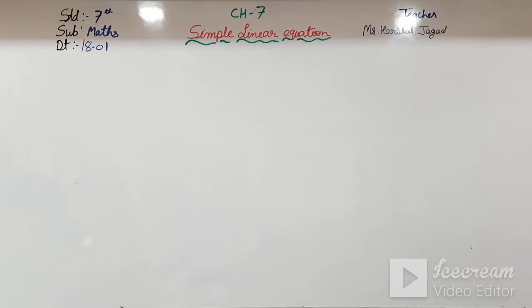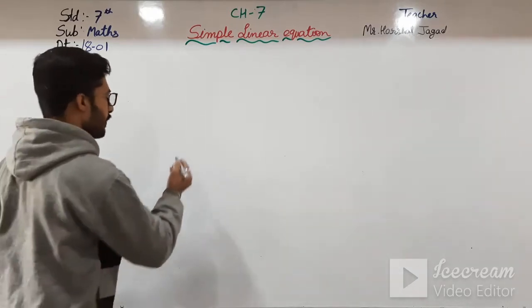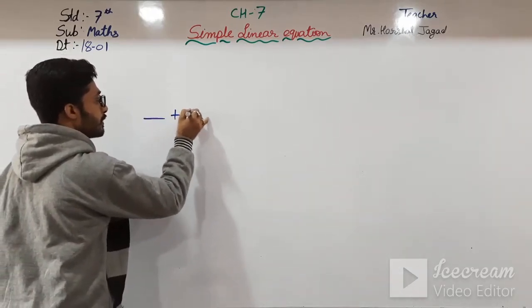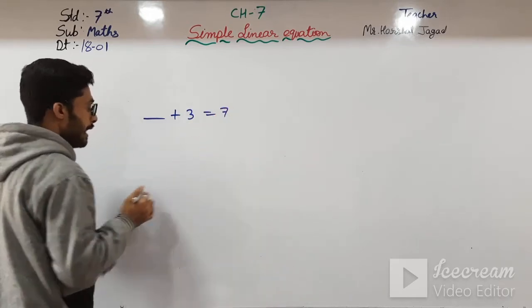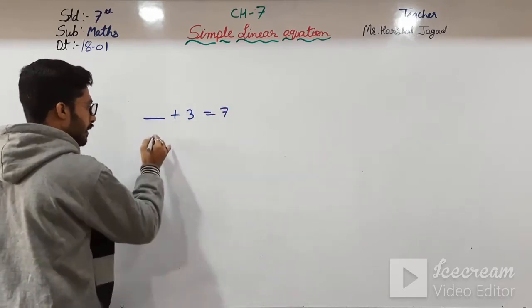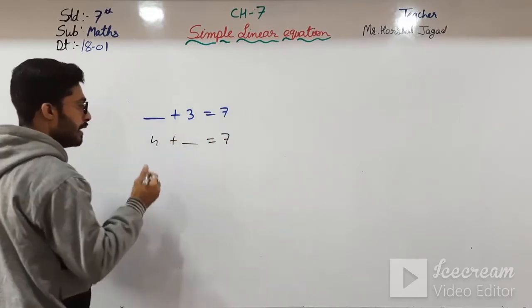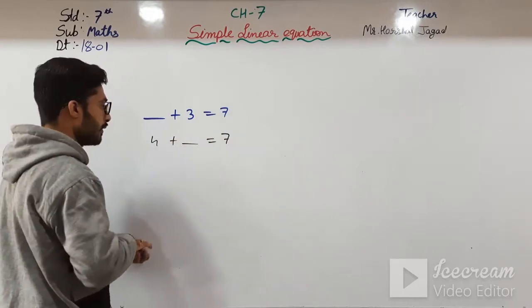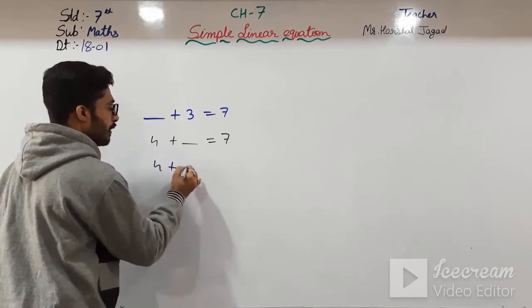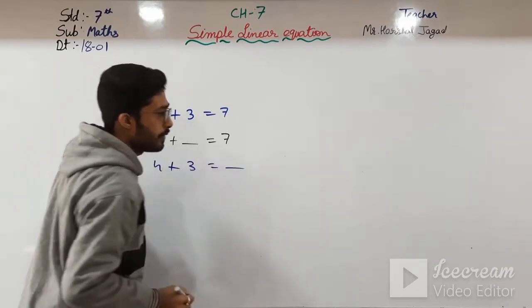Here in primary classes it is given that dash plus 3 is equal to 7, and then 4 plus dash is equal to 7, and also 4 plus 3 is equal to dash.